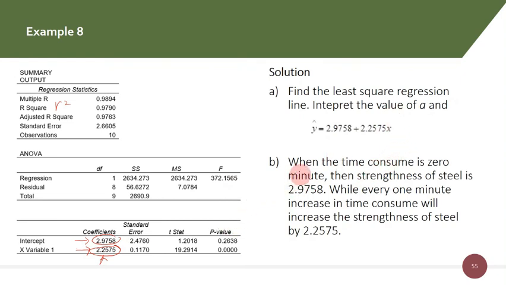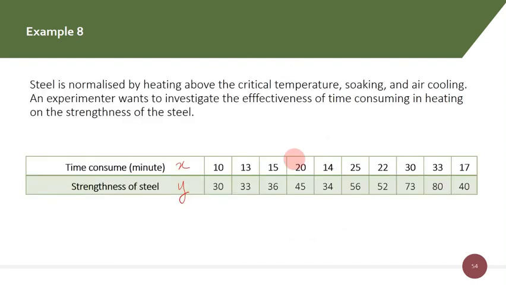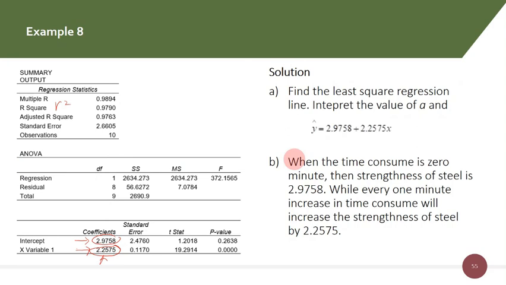Okay, so from here, when the time consumed is 0 minutes, the strength of steel is this one. If you want to interpret, the question asks you to interpret the regression line.